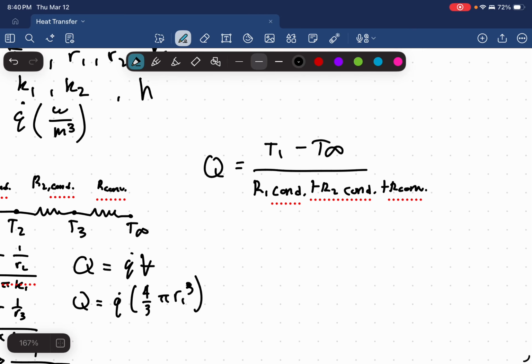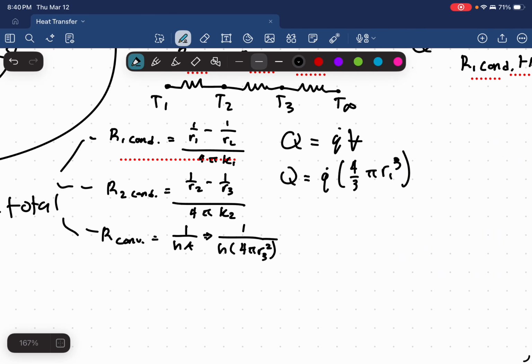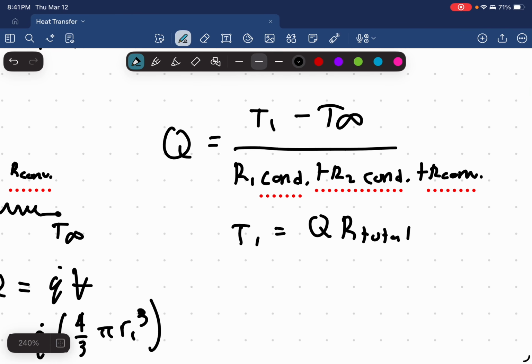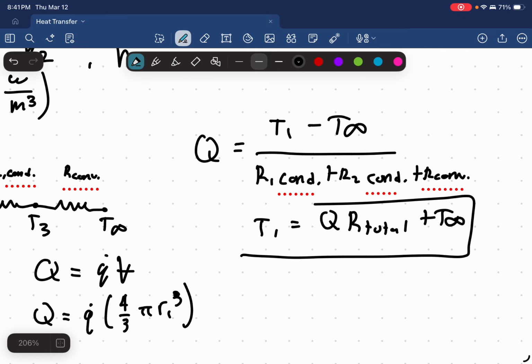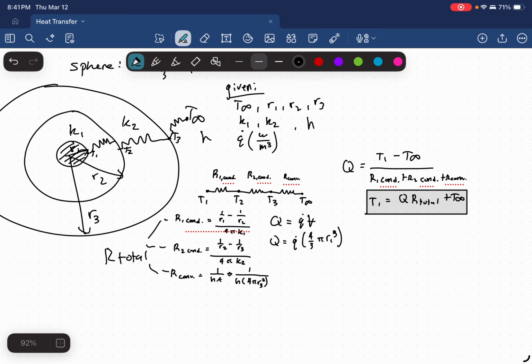And you could even write that all of these is equal to R total. That way when you solve for T1 algebraically, it's going to be Q times R total, and then plus T infinity. And this will be T1. And that's part A.